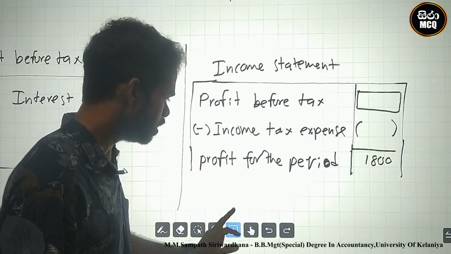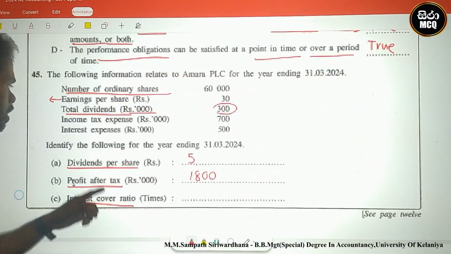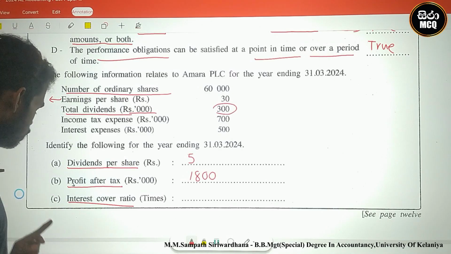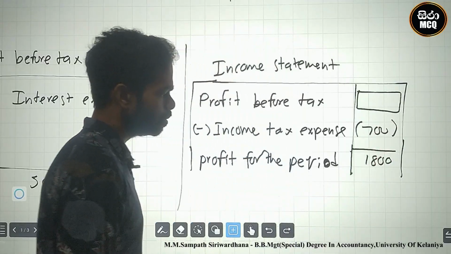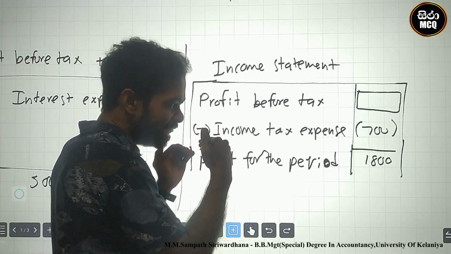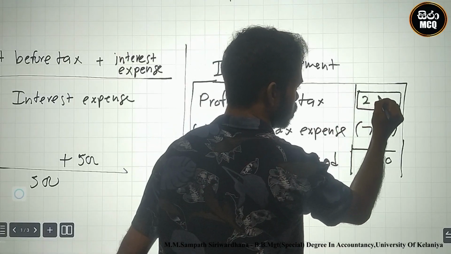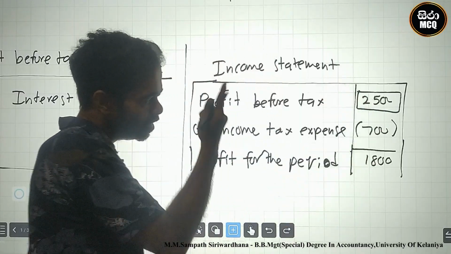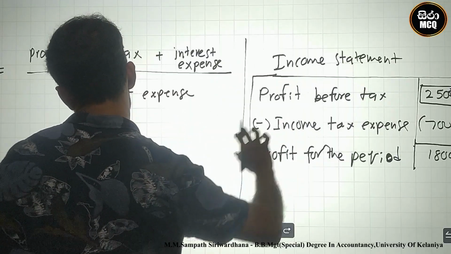We can find the income tax from the question. Look here, income tax expense is 700. After deducting the income tax expense, we calculate the profit for the year. Before deducting income tax, what is the answer? 1800 plus 700 is 2500, so profit before tax is 2500.